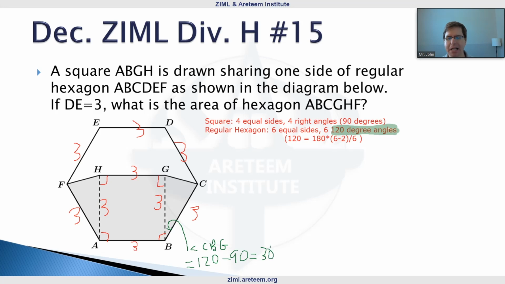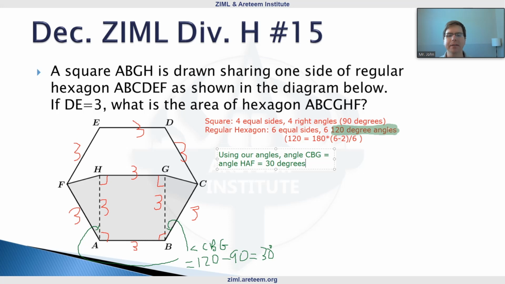So we can actually figure out now that both of our triangles are equal to the same angle. Both angles here are going to be 30 degrees in this case. So using our angles to summarize that, angle CBG equals angle HAF equals 30 degrees.